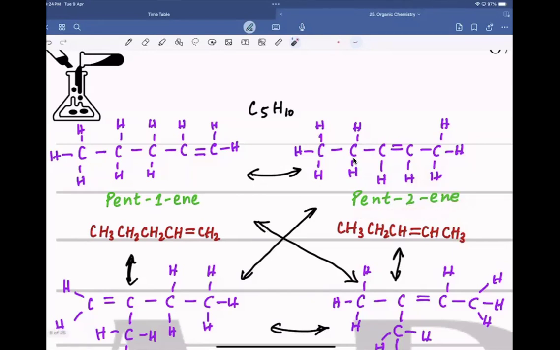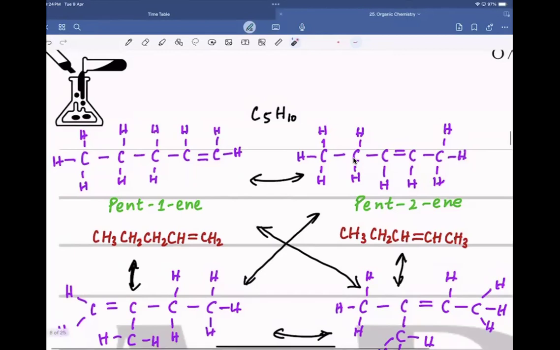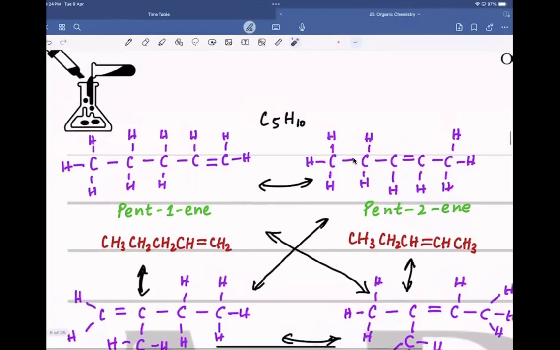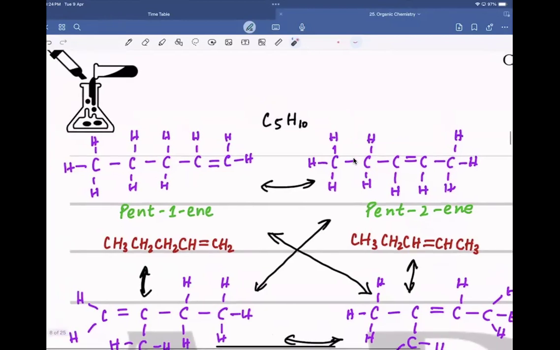Now, how can I make the third isomer? If I move it over here, it again remains on the same position. See, if I put the double bond over here, then starting from here, it's on carbon number 2. So these two are the same thing. Whether you make the double bond on carbon 2 from the right or from the left, it's the same. Is this clear?